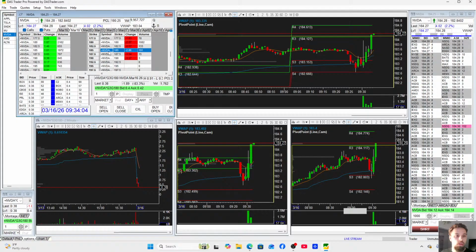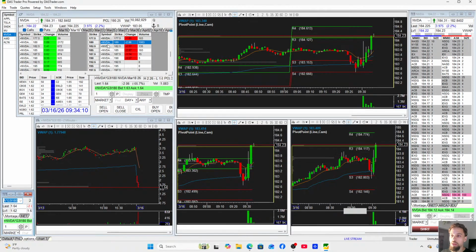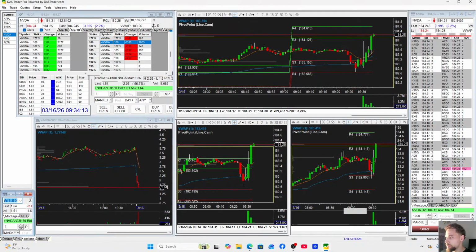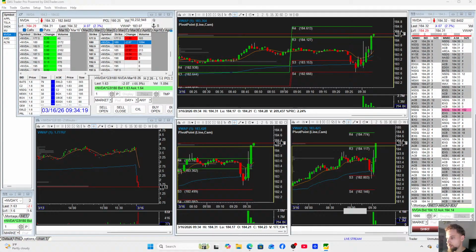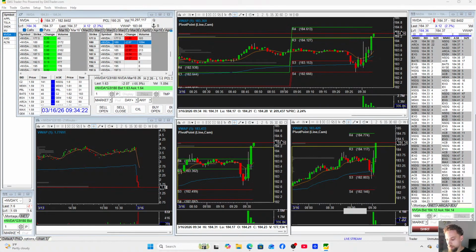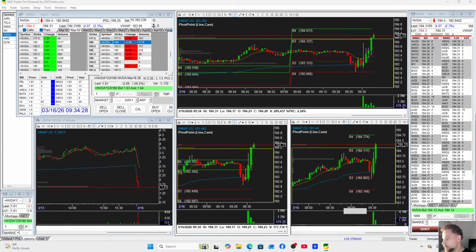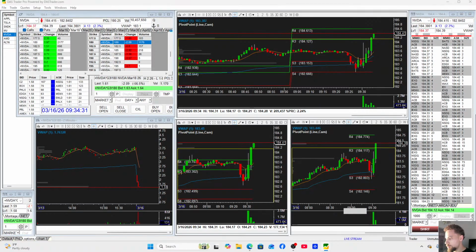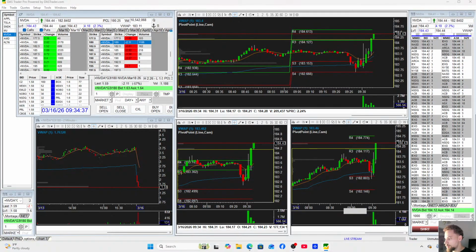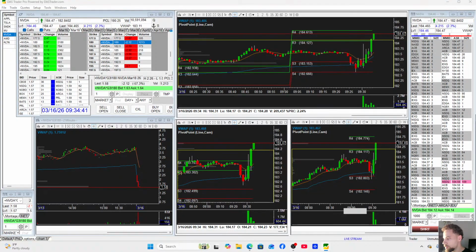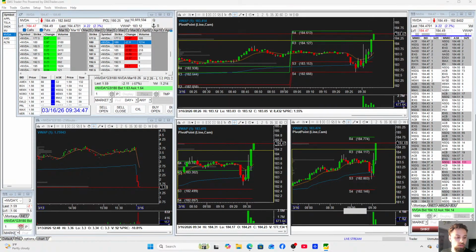Nothing going on there. Nvidia looking pretty strong.